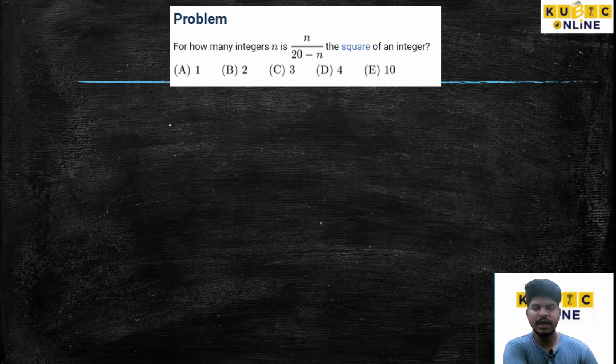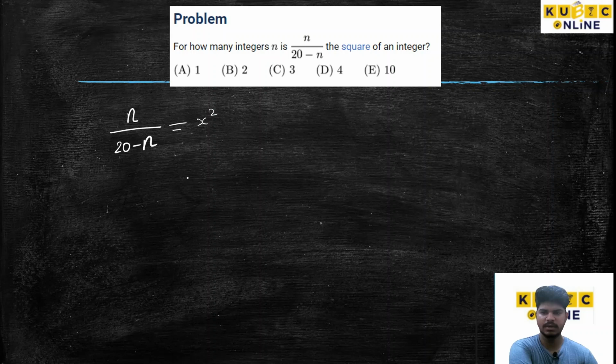For how many integers n is n upon 20 minus n the square of an integer? So let us take n upon 20 minus n as the square of x. So this is equal to x square. Correct.